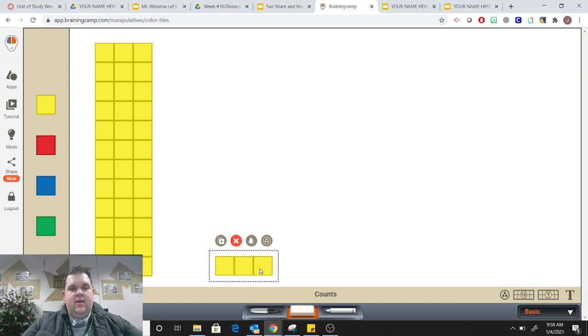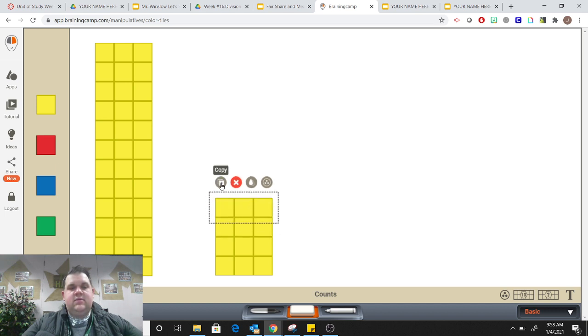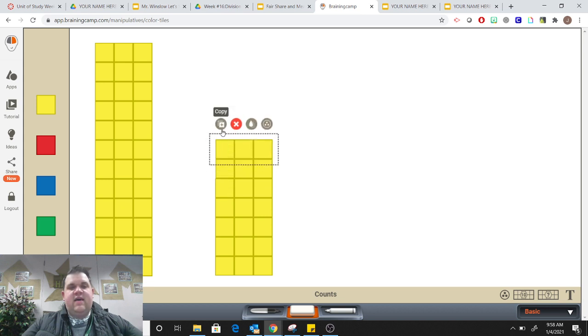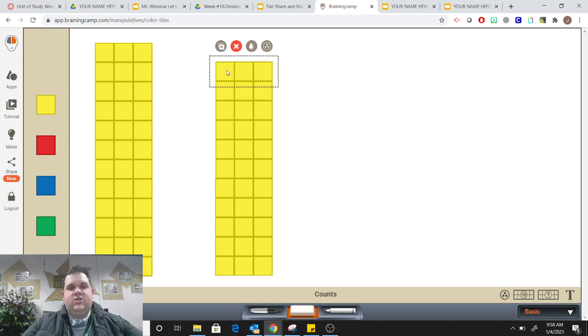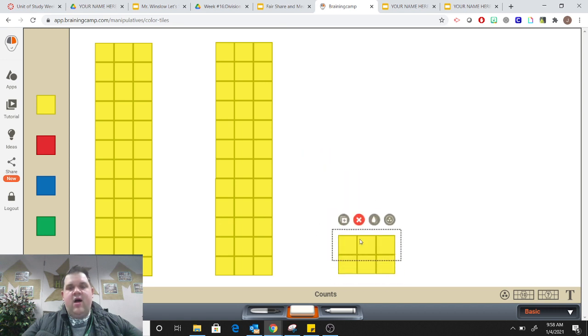There's 39, 42, 45, 48, 51, 54, 57, 60, 63, 69, 72, 75, 78, and 81. Now we have all of the passengers on our plane.